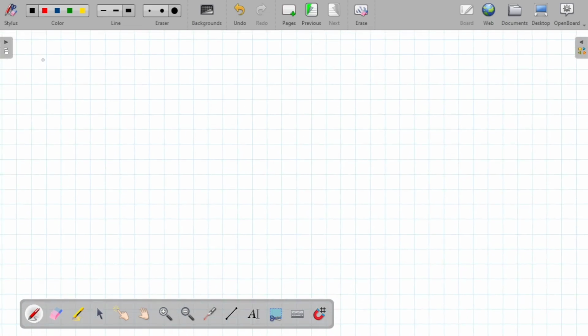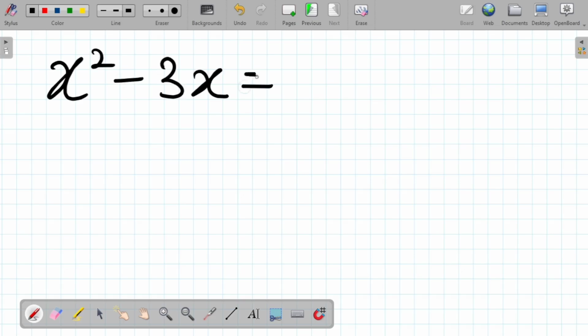Our third task here is to add the answer to the left hand side and the right hand side of the equation. So this is the equation: x squared minus 3x equal to 2.